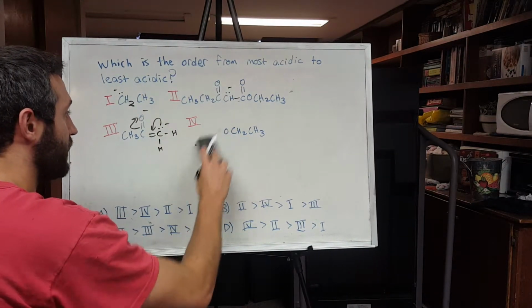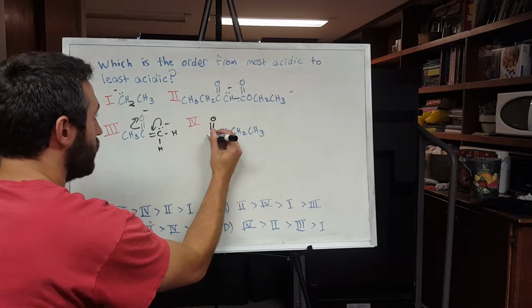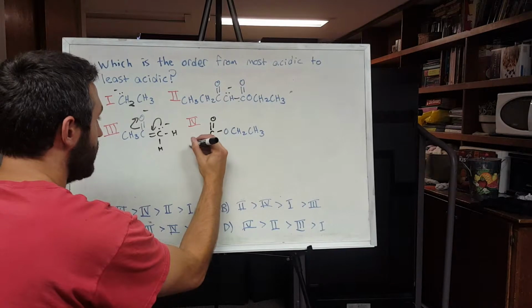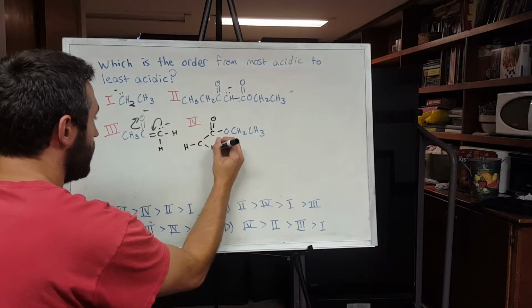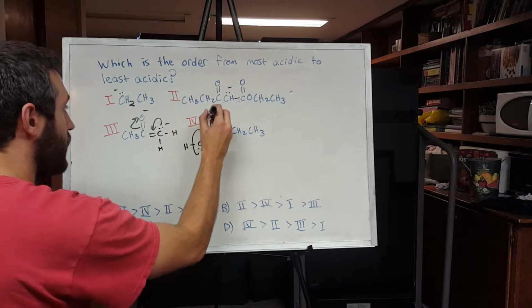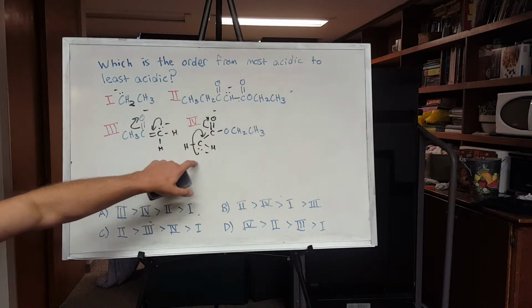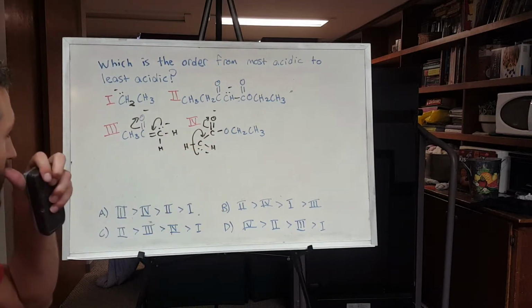Okay, so this one: CH2, lone pair, minus charge. Same deal. We can go here and here, minus. So we can delocalize that charge a little by forming a double bond here.